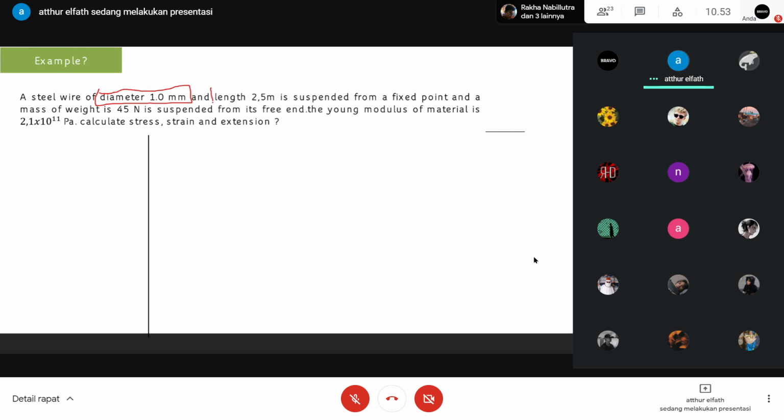And then length, the weight, and then Young modulus. So from these questions, we only know 4 data: diameter, length, weight, and Young modulus of the material. And there are 3 questions: stress, strain, and extension.